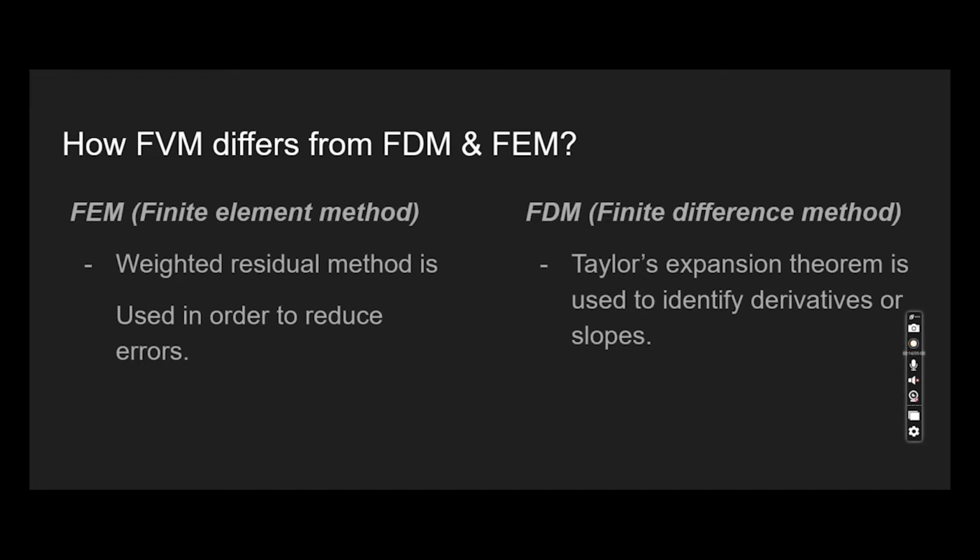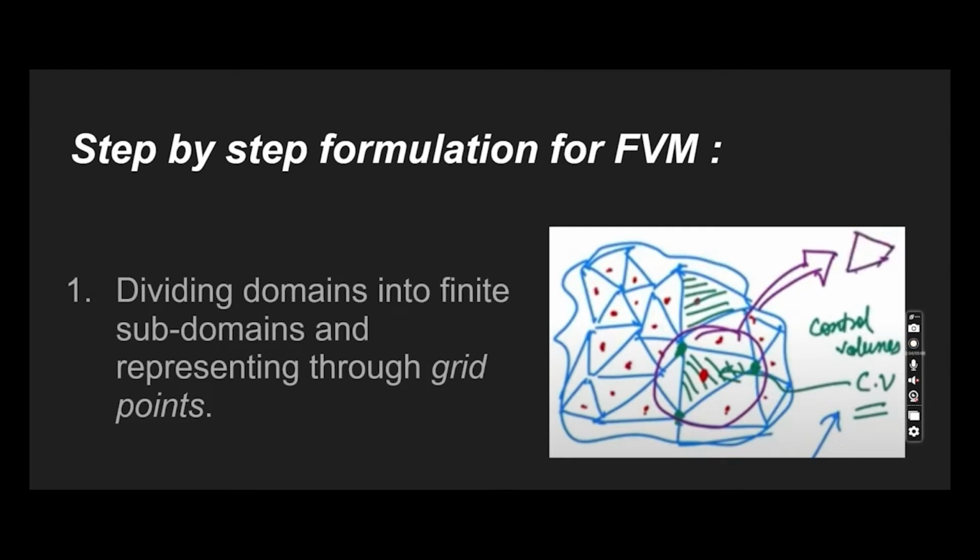Whereas in the finite volume method, it is seriously taken into consideration, as we discussed with the three properties earlier. So FVM is different from FDM and FEM in this way. Now let us see the step-by-step formulation for FVM.